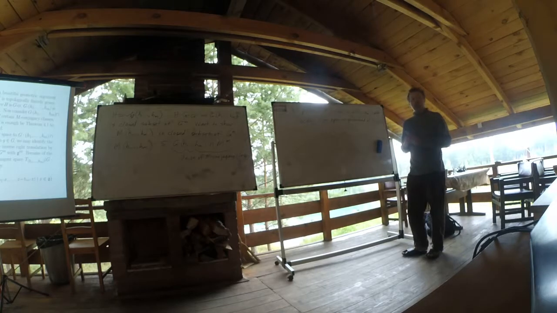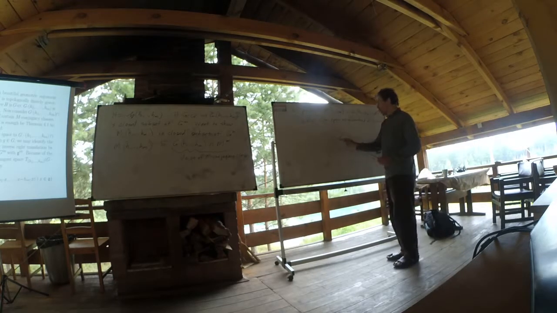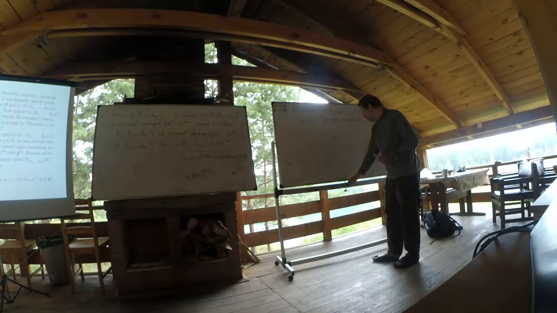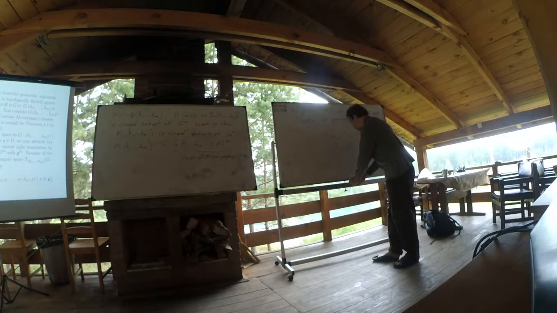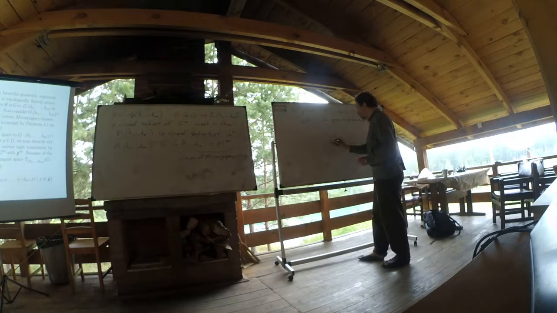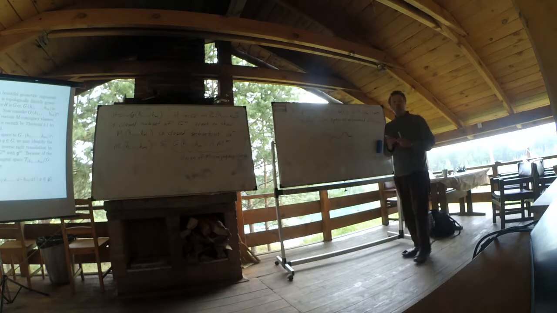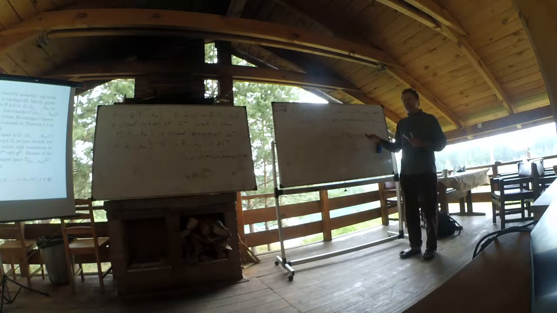So here's a small set. Think of this as this guy. And let's draw a big set, a green guy, which contains all of the black guy and some other stuff.